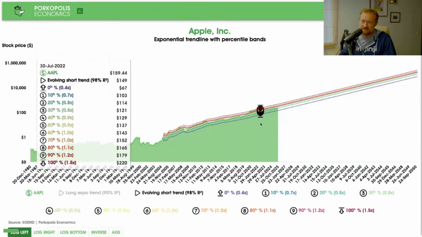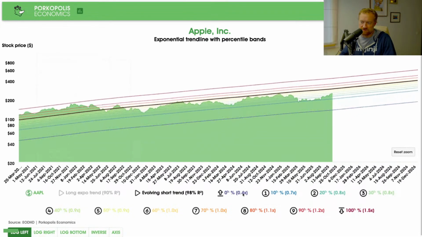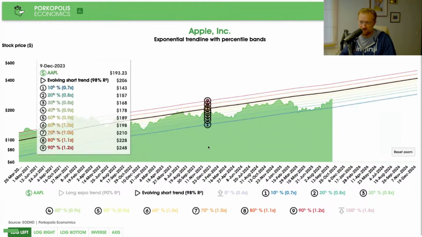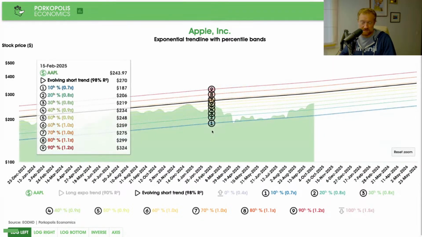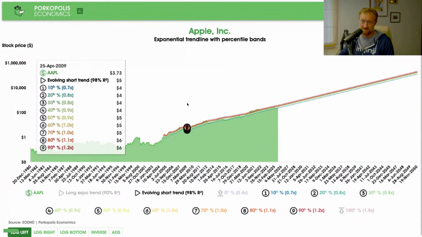But I do not see this. This is what Apple's doing. And if you look at this 0th percentile, it looks pretty far off, right? 100th, pretty far off. This similar analysis applies. It's just a different base. It's a different trend line. Looks exponential. In fact, the R-squared tells us it's exponential.